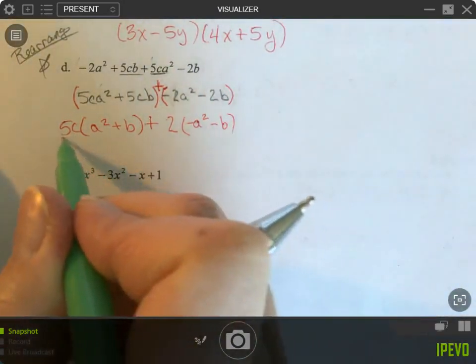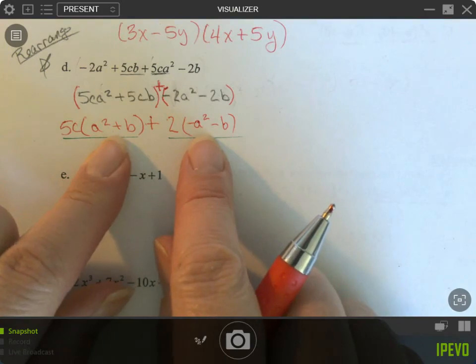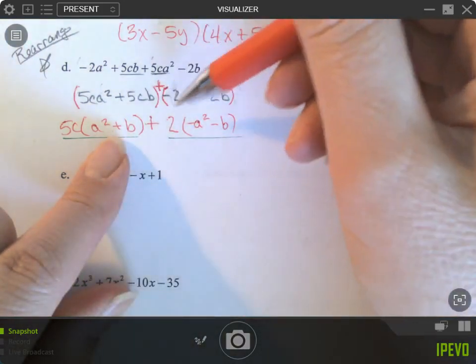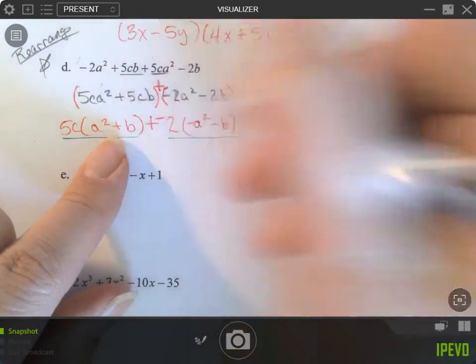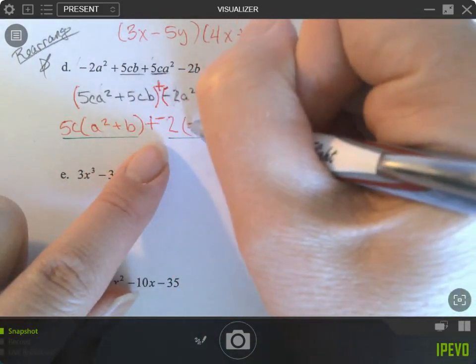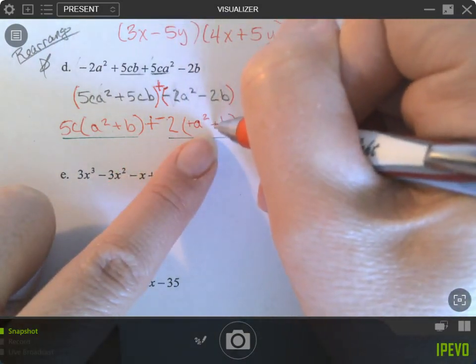I've got these two pieces, but is it the same? What's in the parentheses? They're not the same. What's different? The signs are the opposite, right? So instead of taking out a 2, remember I kept telling you when the first term is negative to practice taking out a negative sign? So if I take out a negative, this divides out and becomes a positive a squared, and this negative divides by negative 2 and becomes a positive b.